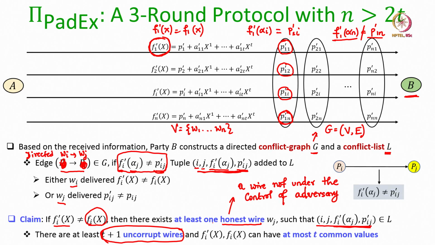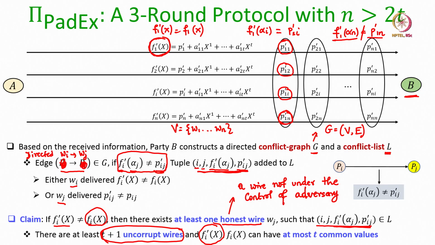So, they may not get in conflict with the wire i, but there will be at least one honest wire among these t plus 1 wires whose delivered value will be in conflict with the jth point on the received polynomial f'_i(x).